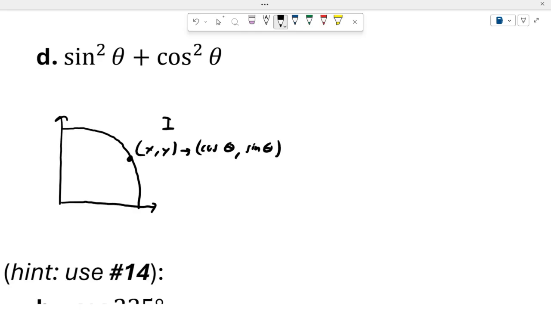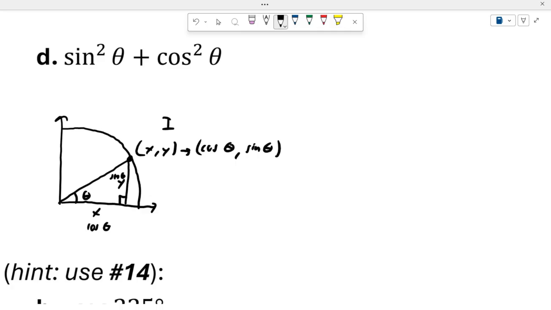And notice that if you form a triangle here, where theta would be right there, this is your x value, and this is your y value, which means this is cosine of theta, and this is sine of theta. This is a right angle.